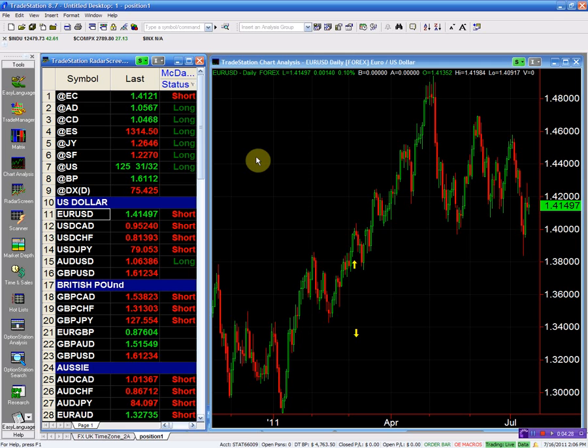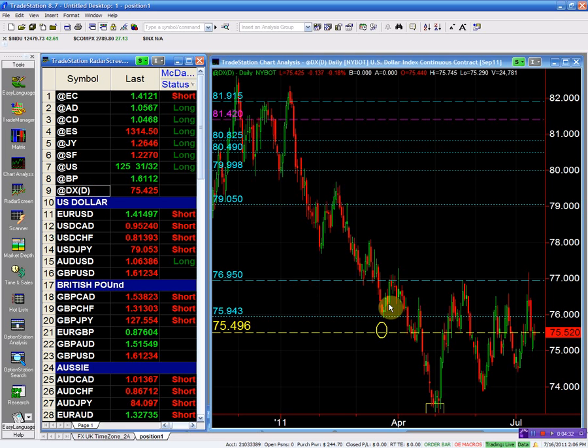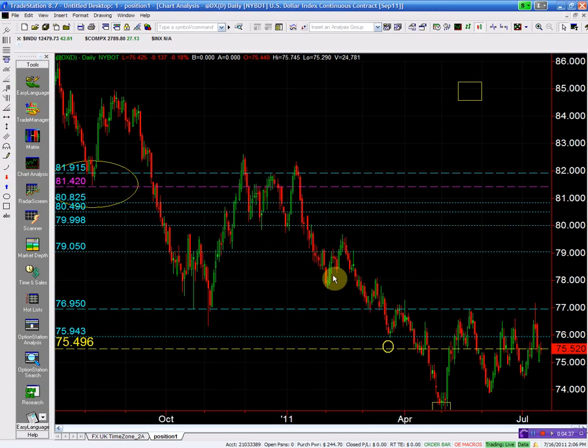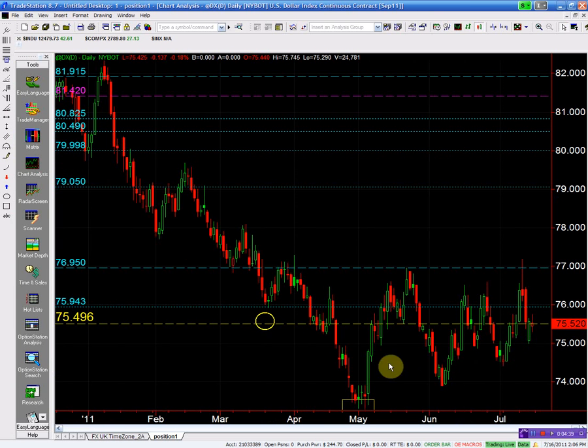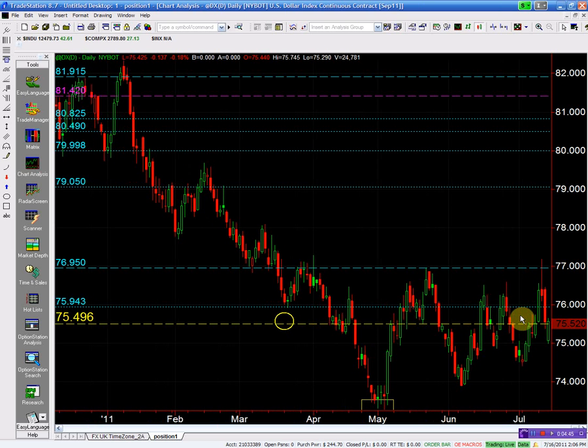Okay, so we know we had some big movements in the dollar, and again, remember from last week we were talking about actually starting to buy the dollar when it came back above. This was the plan as of last week.